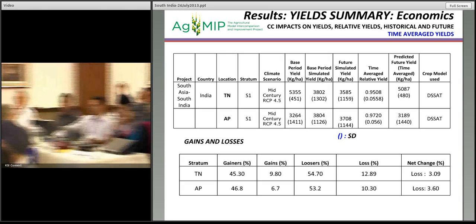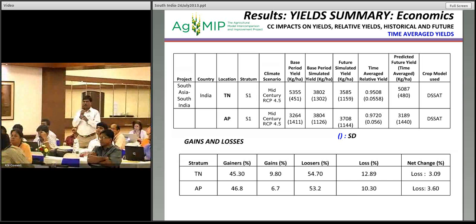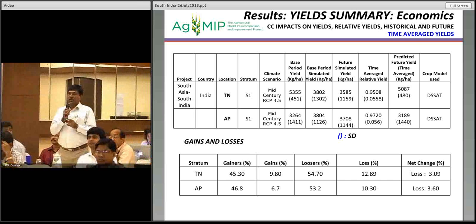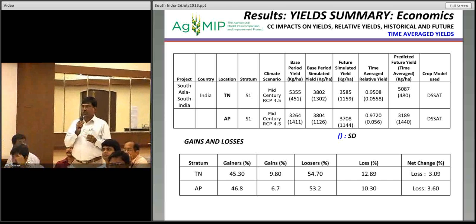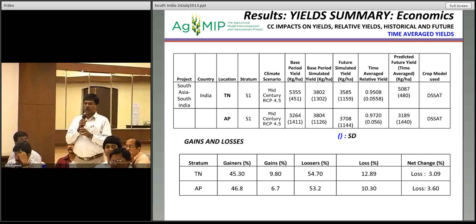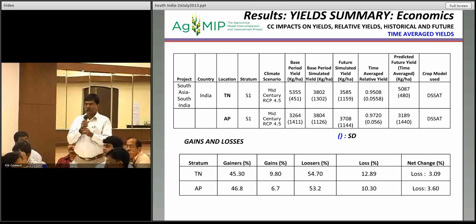In both cases, we have considered only the major crop and other crops. In the Tamil Nadu case, there are three or four other crops like pulses, sugarcane, and in some cases a second season. So we have grouped them together, and we have assumed consistency for both systems. If we disaggregate that, probably little changes may be there.